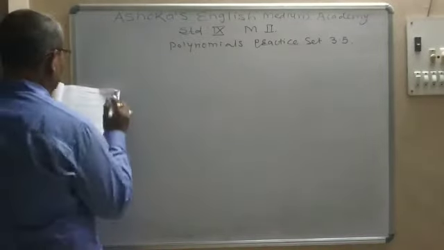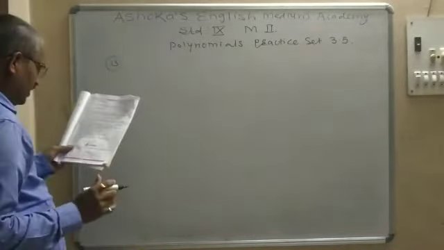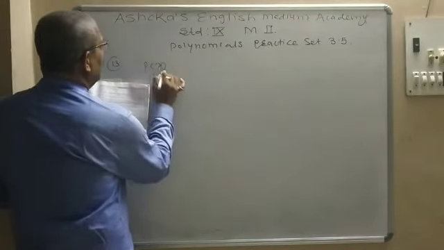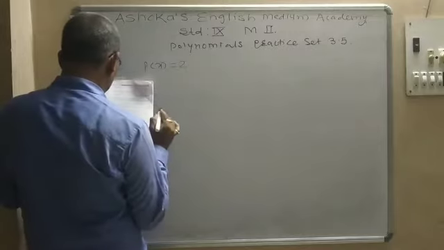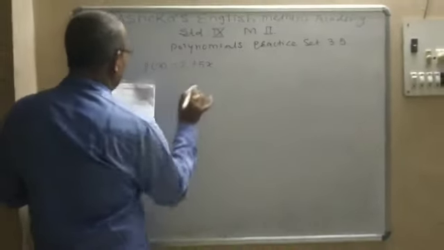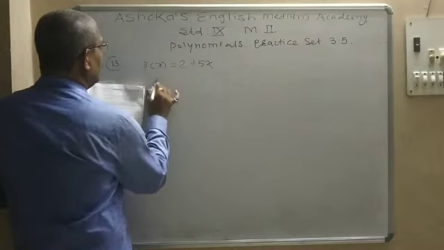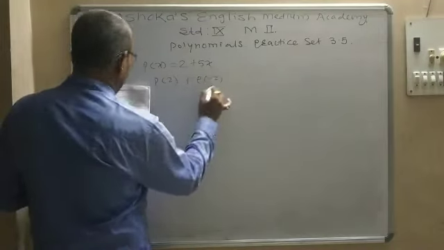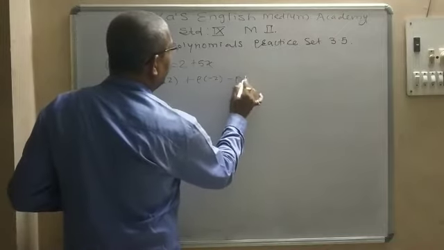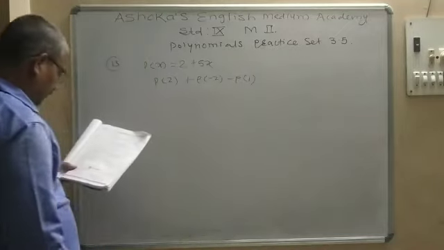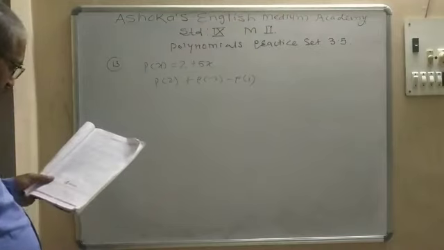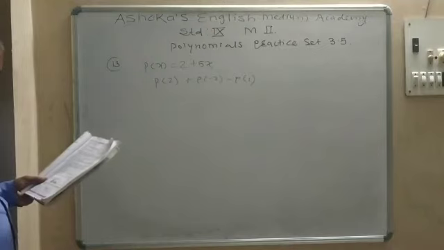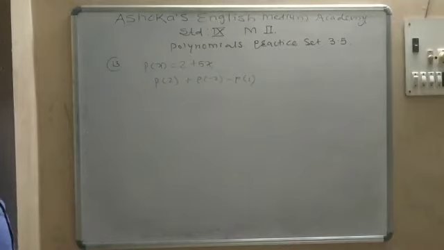Now question number 13. What is question number 13? P(x) is equal to 2 plus 5x. We should calculate P(2) plus P(-2) minus P(1).